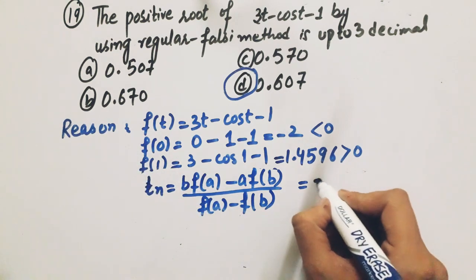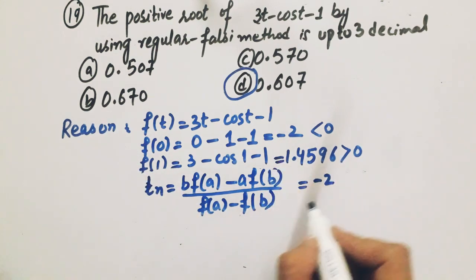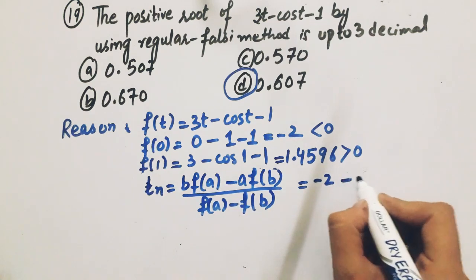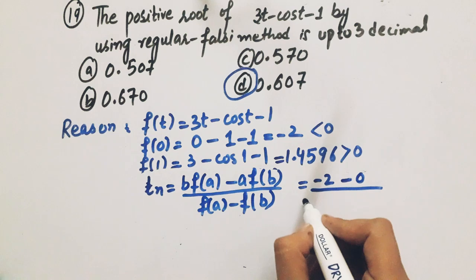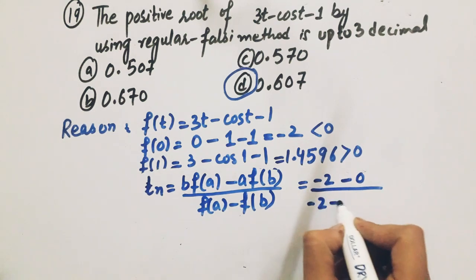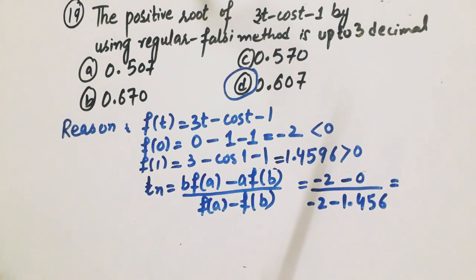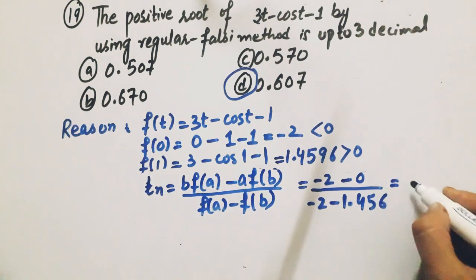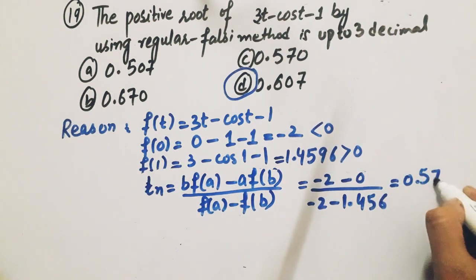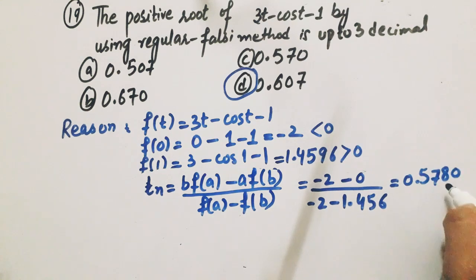So you will put minus 2 and 1, then minus 0, and divide by f of a minus f of b, which is minus 2 minus 1.4596. So your answer is equal to 0.5780.